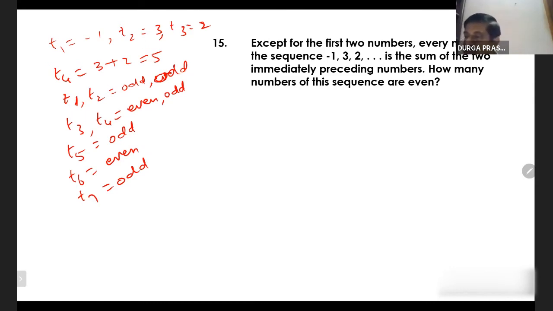So you see T3 is even. T6 is even. T8, you take T6 plus T7, odd only.